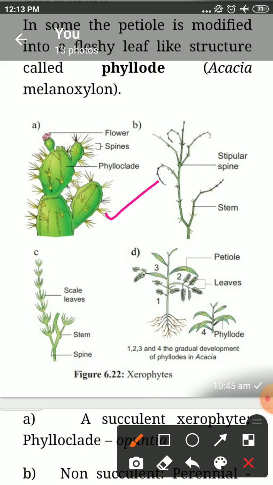The leaves are modified into spines. In certain cases, the leaves are modified into stipular spines, very small structures called stipules.